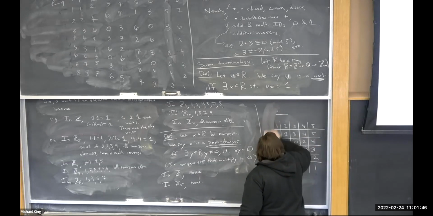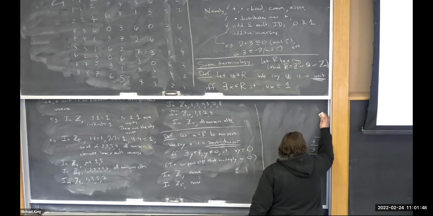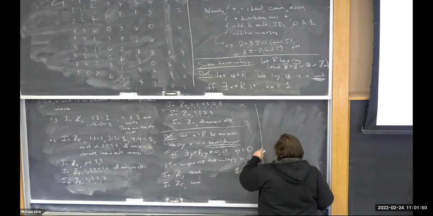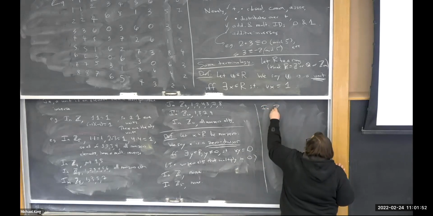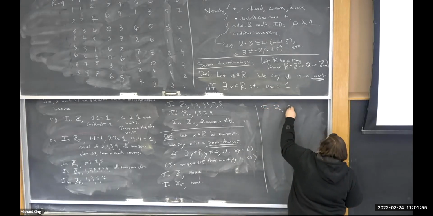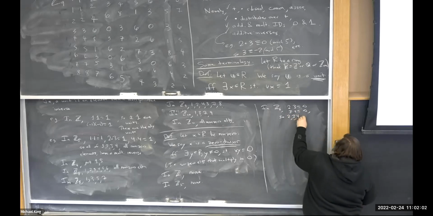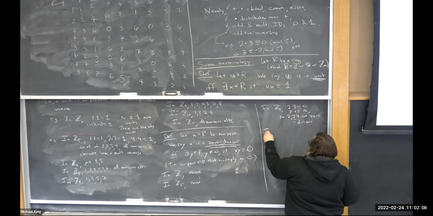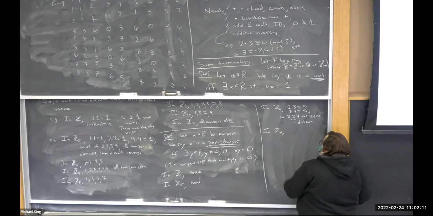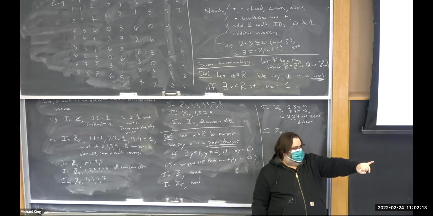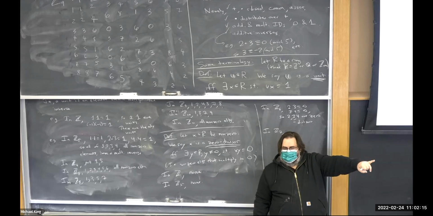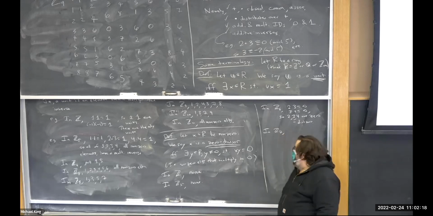So in Z6, 2 times 3 equals 0, and 3 times 4 equals 0. So 2, 3, and 4 are zero divisors. What about in Z7? Does 0 show up in the table anywhere? No. None.